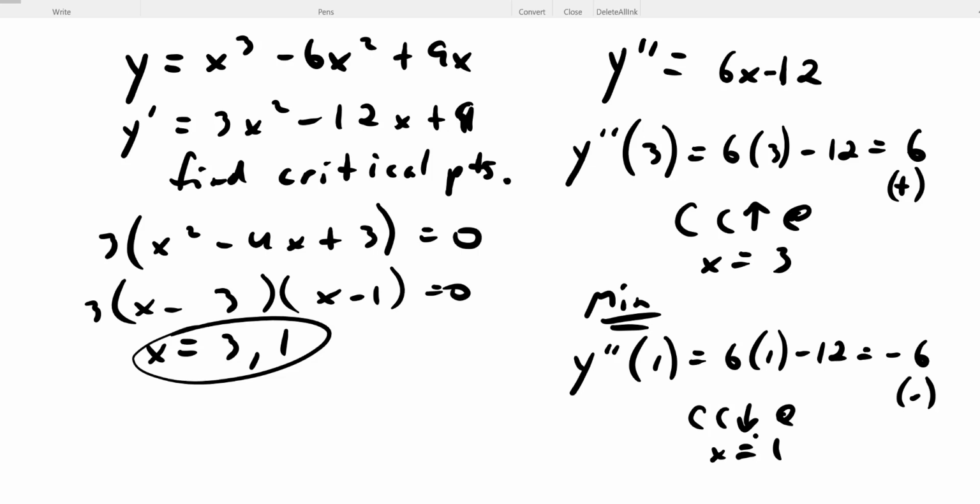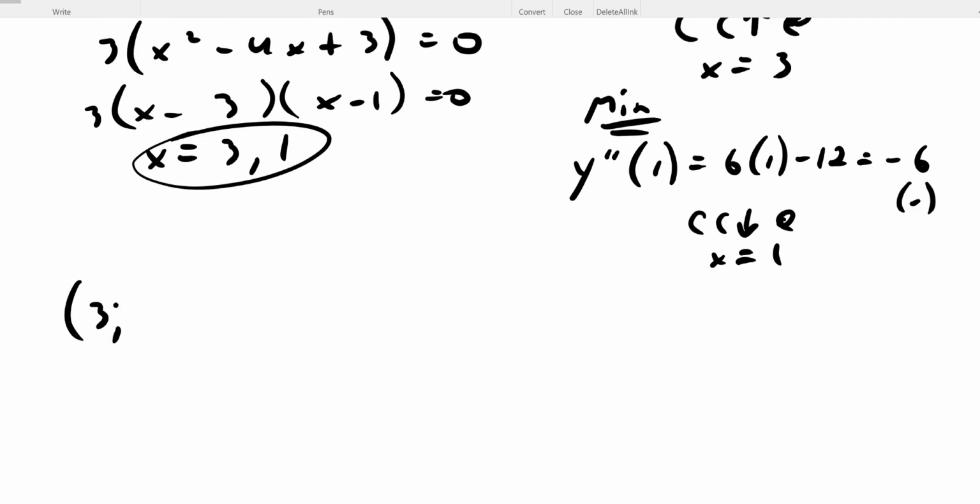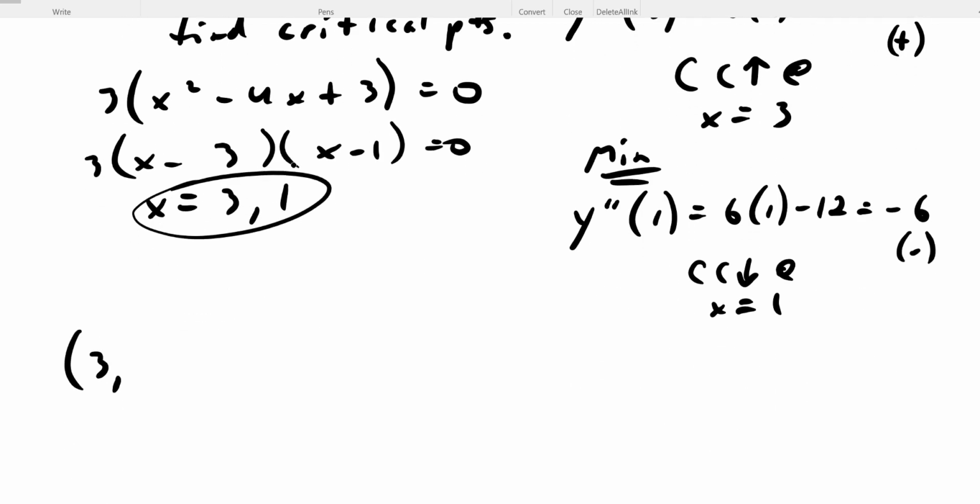Now, when you write the words, you plug the x value back into the original problem. If I plug 3 back in, I get 3 comma 0.